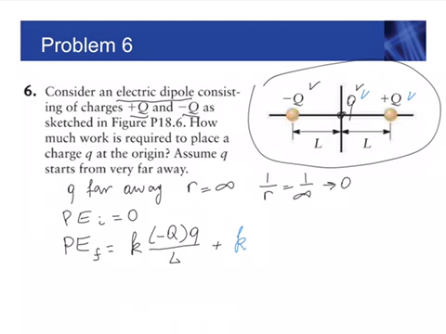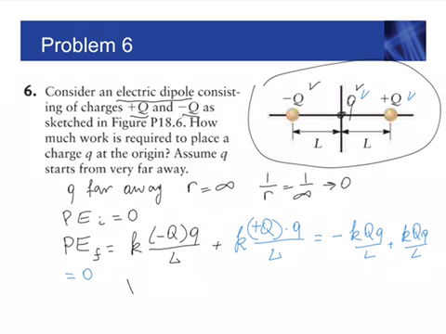So it's K, plus Q times little q over L. Let's rewrite it this way: negative K Q q over L plus K Q q over L. We're getting 0 again. So the final potential energy is 0.